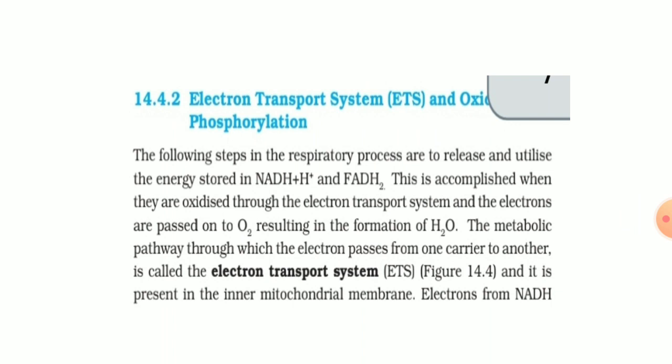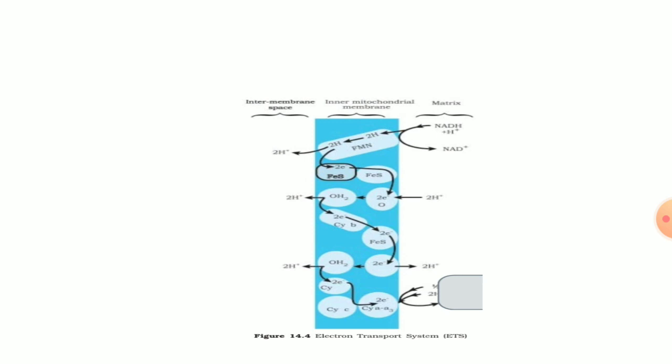It is called ETS. See the figure, a flow chart, clearly marked with inner membrane space, inner mitochondrial membrane and matrix. In that it shows where the process is taking place. The process is taking place in the inner mitochondrial membrane.